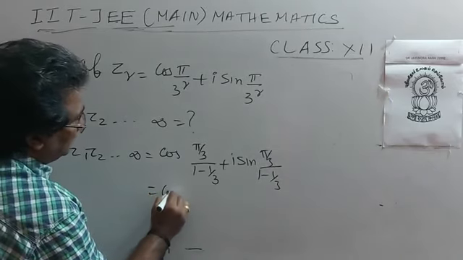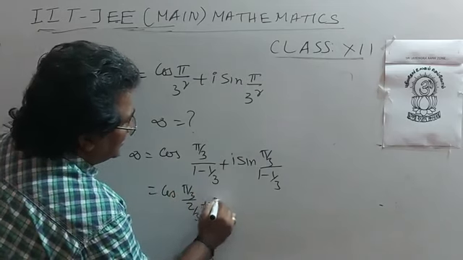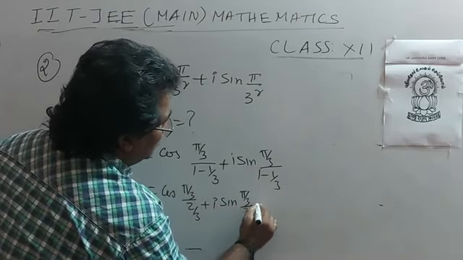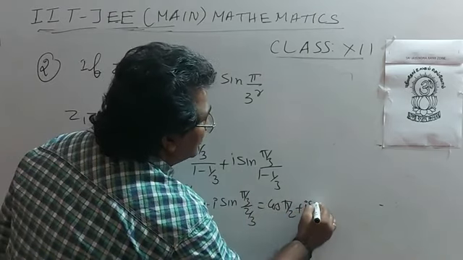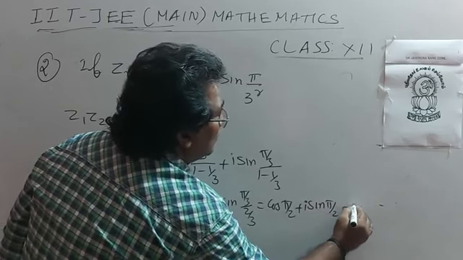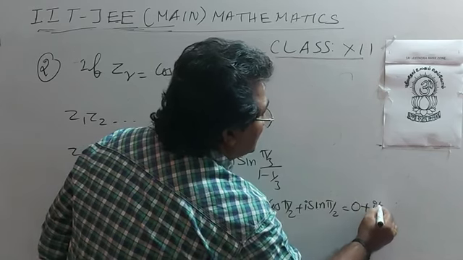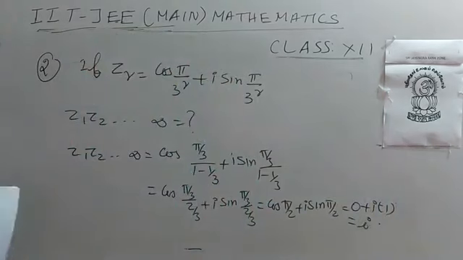So cos pi by 3 by 2 by 3 plus i sin pi by 3 by 2 by 3, that is cos pi by 2 plus i sin pi by 2, that is 0 plus i into 1, that is i.